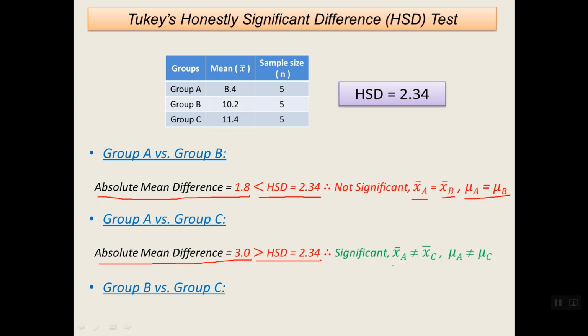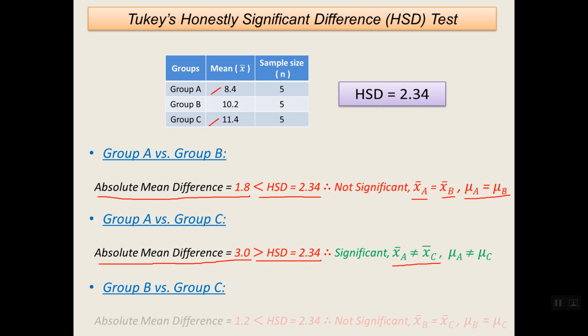X bar A does not equal X bar C. Which one is the bigger? We return back to the table above. The mean for group A is 8.4, while for group C, it is bigger, it's 11.4. So X bar A is less than X bar C, or X bar C is greater than X bar A.